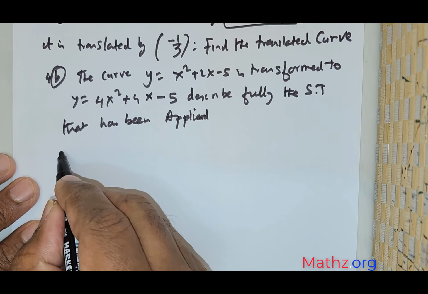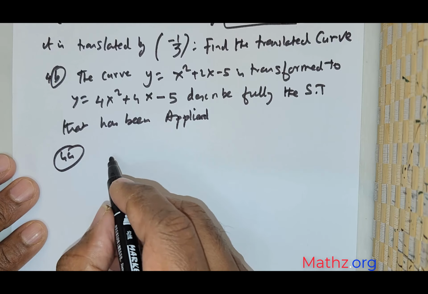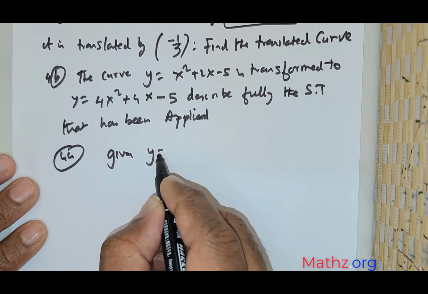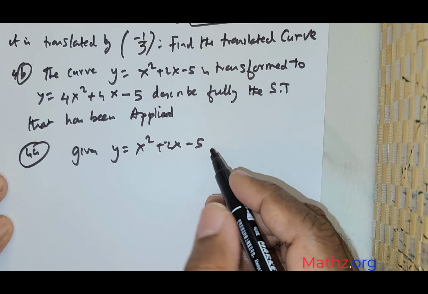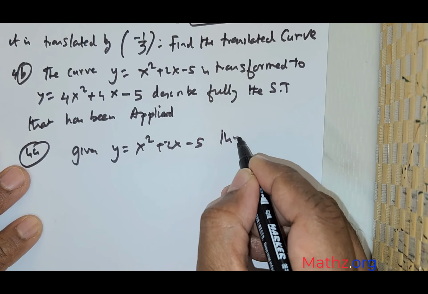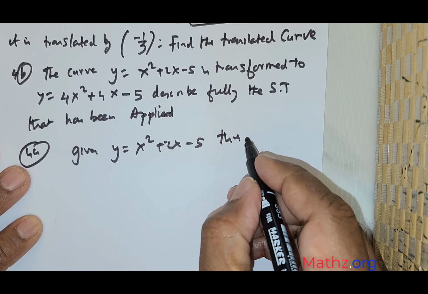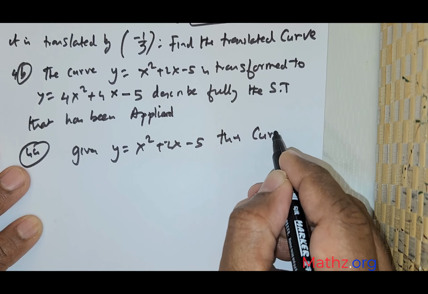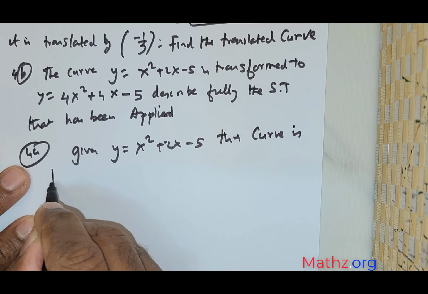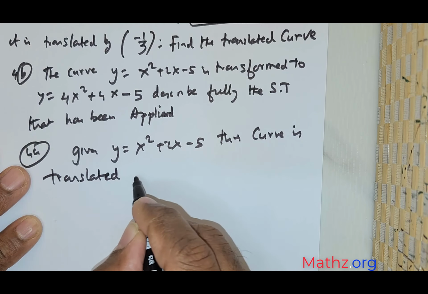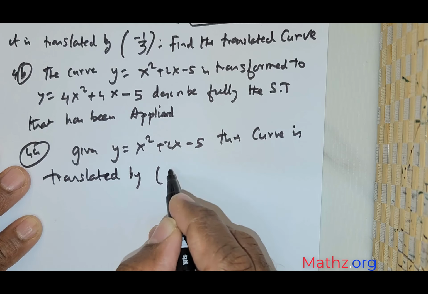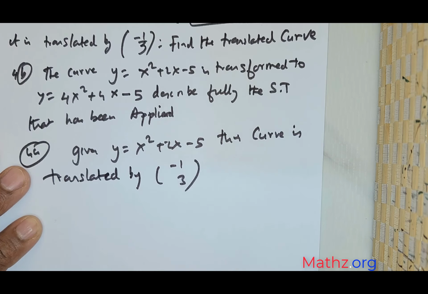So let me start off with question 4a. Given y = x squared + 2x - 5, this curve has to be translated by (-1, 3).